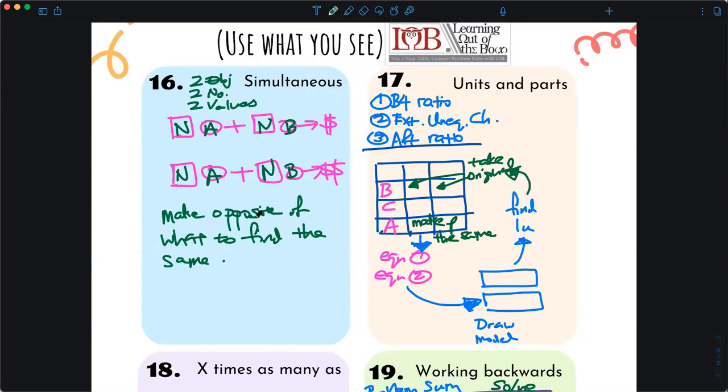Then the other very common Grade 5 and 6 simultaneous type 2 will be, they will give you 2 objects as well, but instead of numbers, they give you fractions. And they give you 2 values.